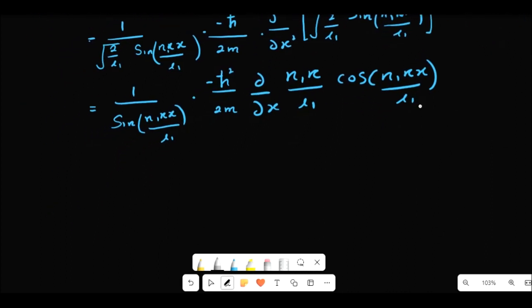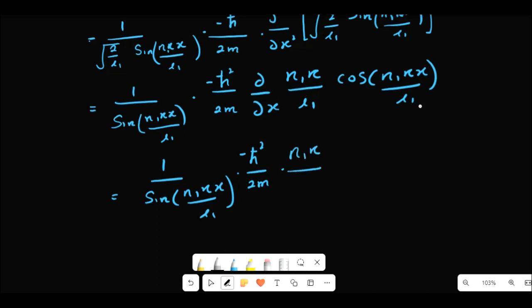Now this is a constant, so I can directly take it out. So 1 over sine n1 pi x over L1 times minus h bar squared over 2m times, I'm going to take this out, n1 pi over L1. Now the derivation: cos turns into minus sine n1 pi x over L1, and I have to differentiate this inside part again, times n1 pi over L1.